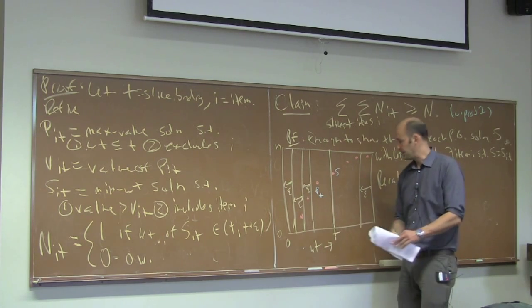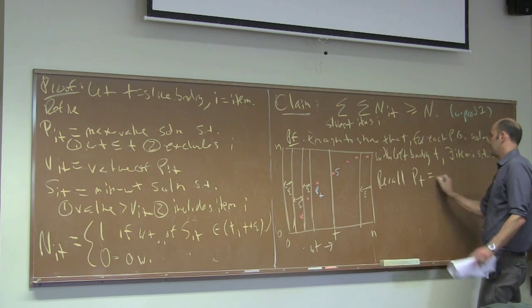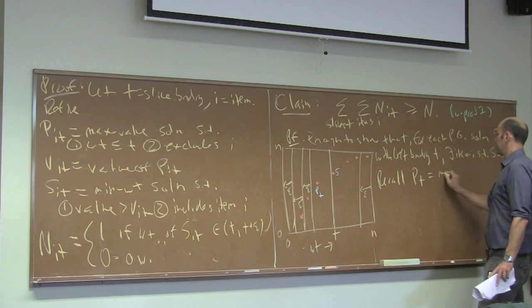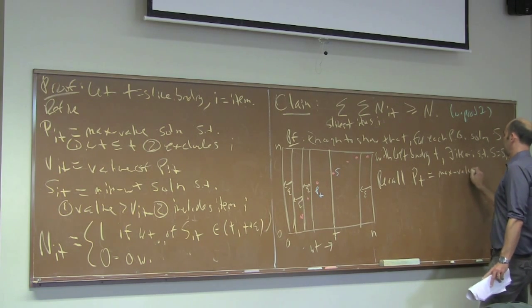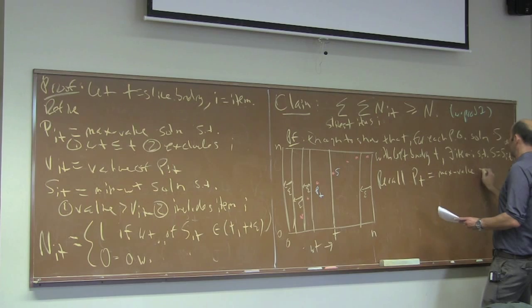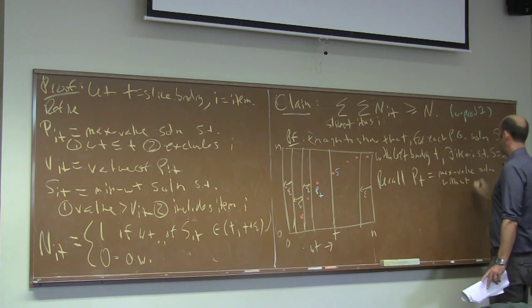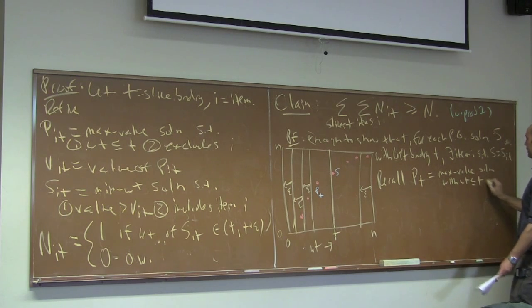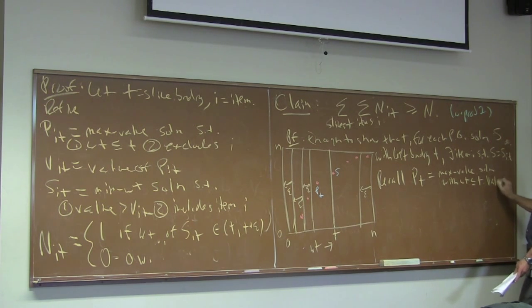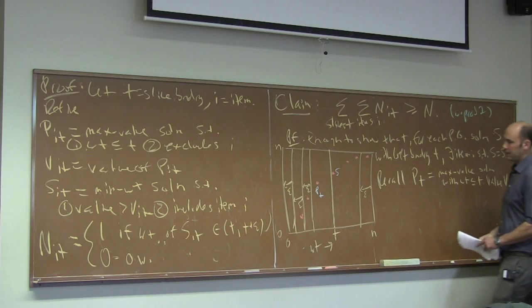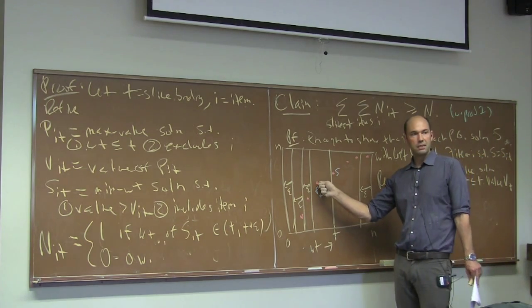Call that P_t. So P_t is just the highest, namely the max value, solution to the left, with weight at most t. And we denote its value by V_t. It's the same thing as it was before.